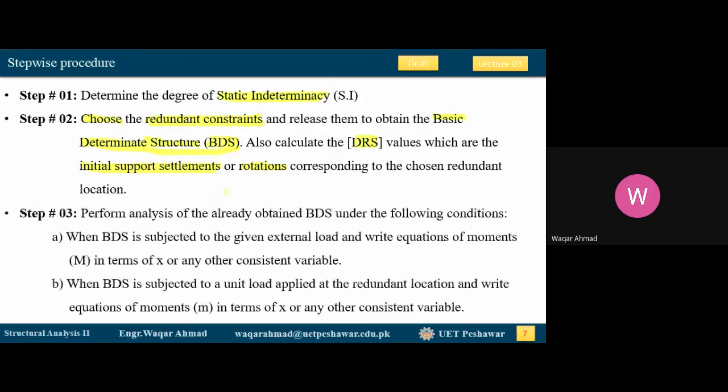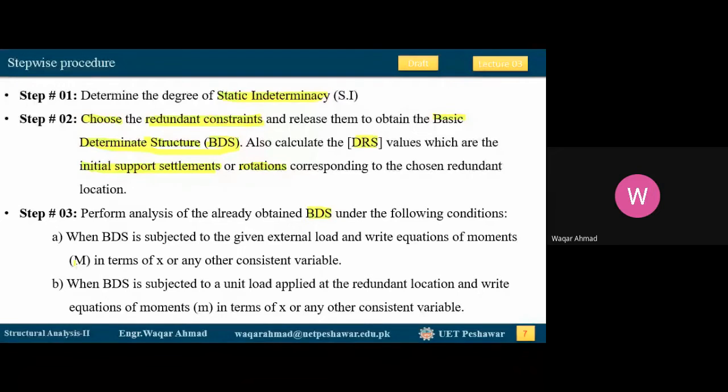you perform the analysis of the BDS, which is the basic determinate structure you obtain by releasing your chosen redundant constraints. Now you need to analyze this BDS under several conditions. In the displacement formula we discussed, there was a capital M and a small m. So how do you find those moment equations?